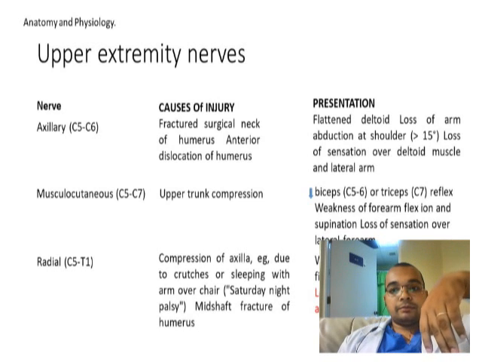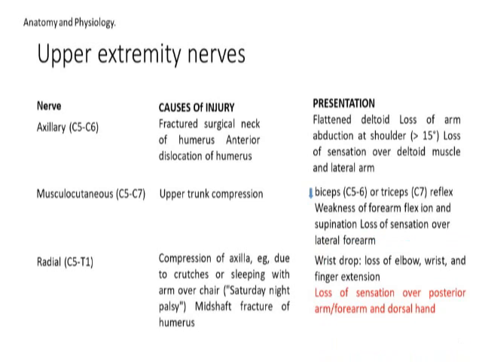Wrist drop is the form of presentation of radial nerve lesions, with loss of elbow, wrist, and finger extension, and loss of sensation over the posterior arm, forearm, and dorsal hands.